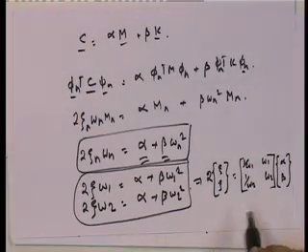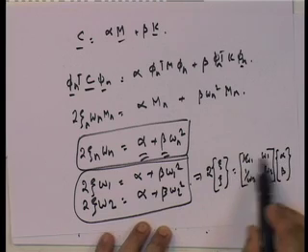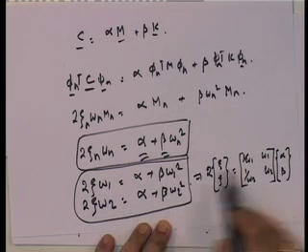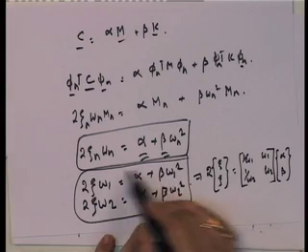Note that the first equation is 2 xi is equal to alpha upon omega 1 plus beta into omega 1, that is this equation.